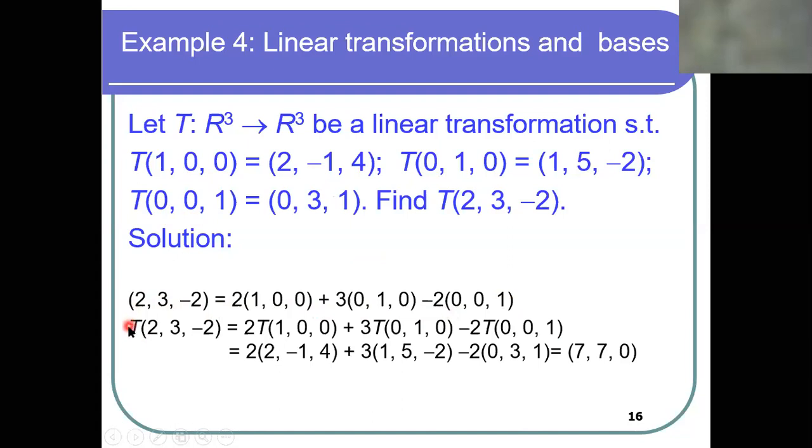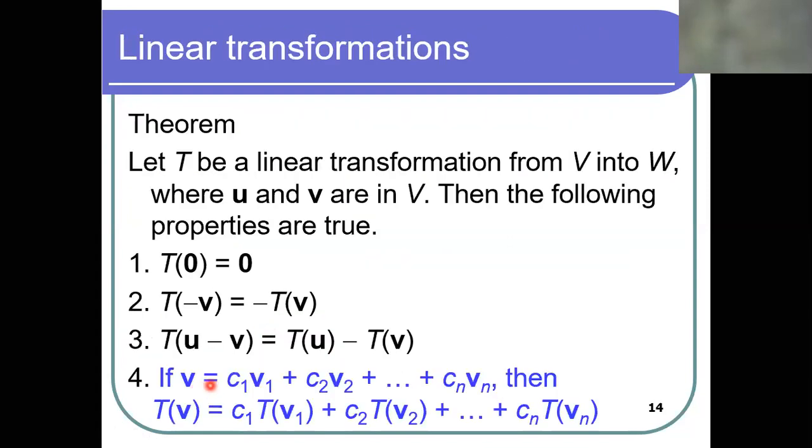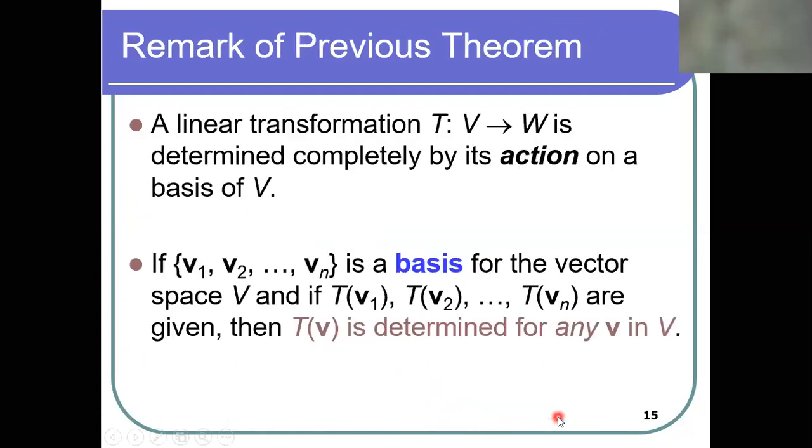So if you apply T on this, I just use the scalar properties of linear transformation. When you apply the transformation on this as a whole, the scalars can be taken out and multiplied with the transformation. If V can be written as a linear combination of V1 to Vn, then T of V is C1 T of V1 plus C2 T of V2 plus so on, up to Cn T of Vn.